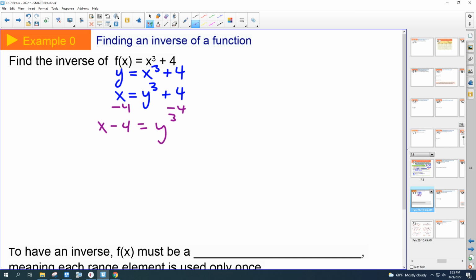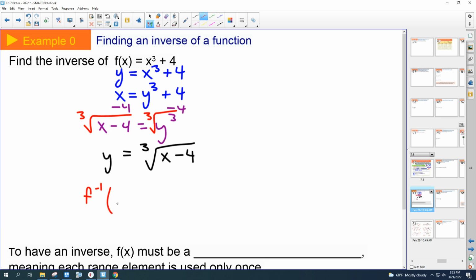If I want to get rid of that cubed, I'm going to do a cube root. Now, I'm going to do something real quick. I'm going to write the y on the left side, just kind of interchange sides. y is going to equal the cube root of x minus 4. Last step, we would just change that y back to function notation. f inverse of x equals the cube root of x minus 4.